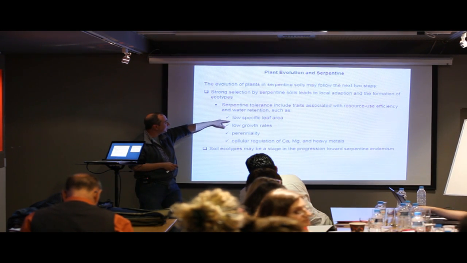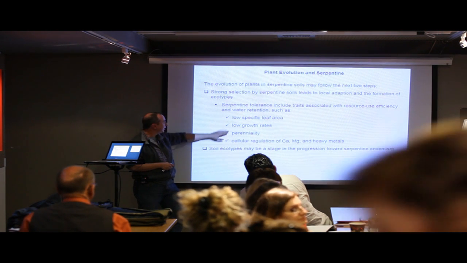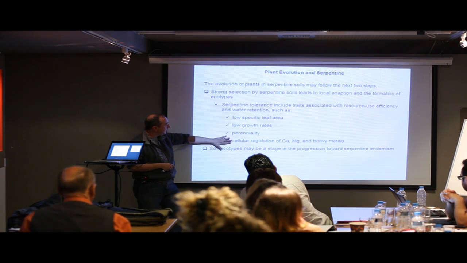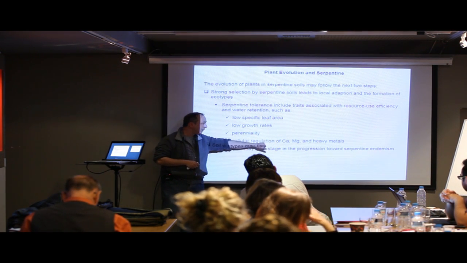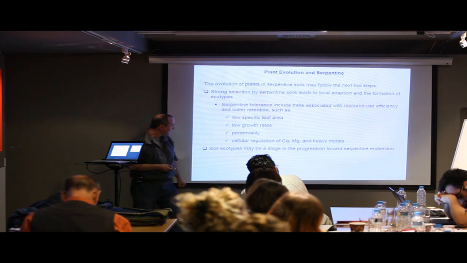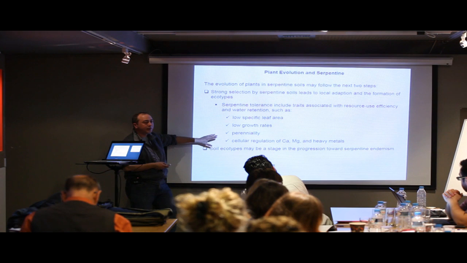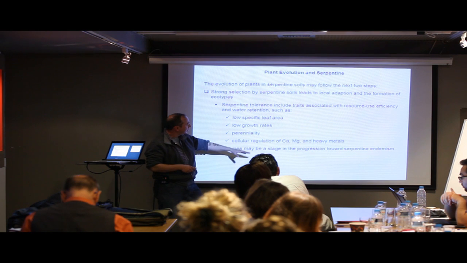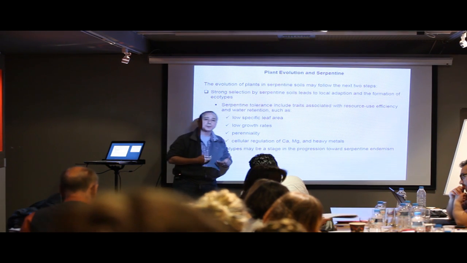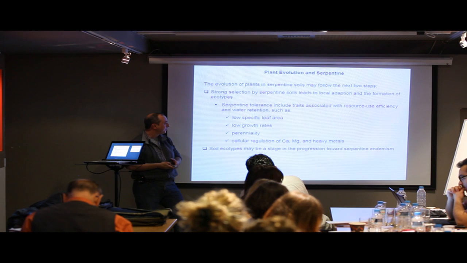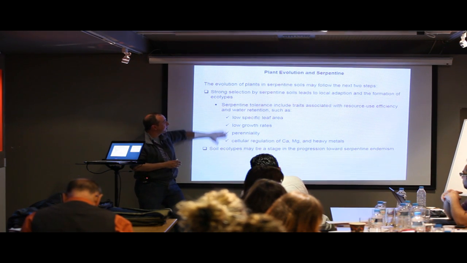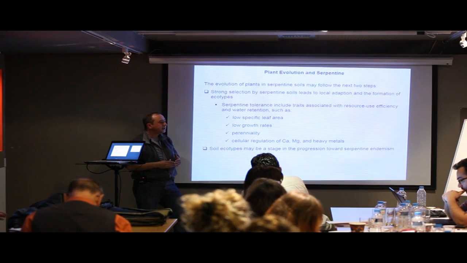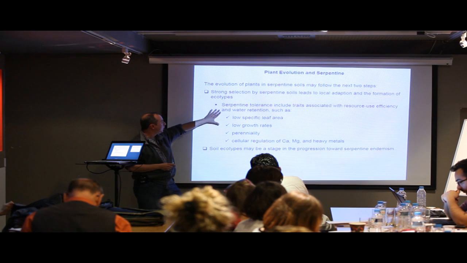One trait is their low specific leaf area. Another trait is their low growth rate, perenniality, and cellular mechanism for regulation of calcium, magnesium, and other heavy metals. If we have reproductive isolation of this population, then these soil ecotypes may be a stage in progression towards a serpentine endemic species. So we have with these steps the differentiation of populations of a species and actually a speciation mechanism on serpentine soils.